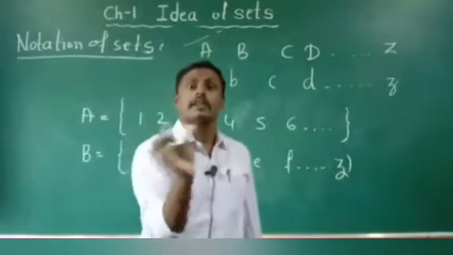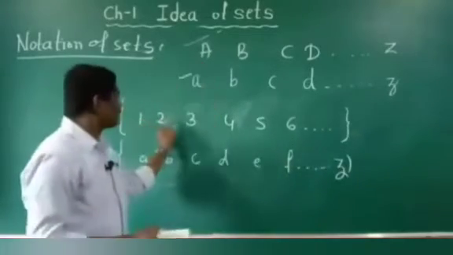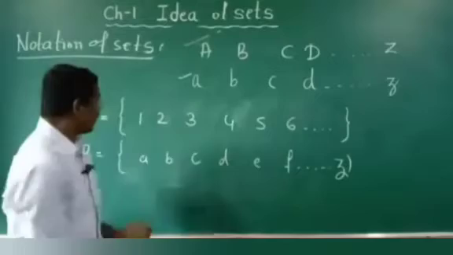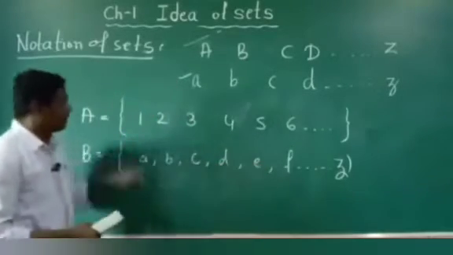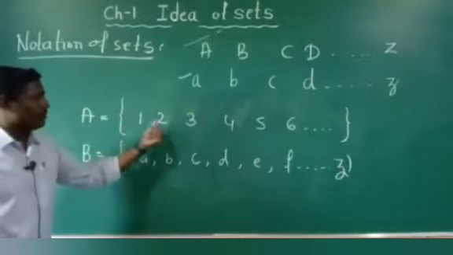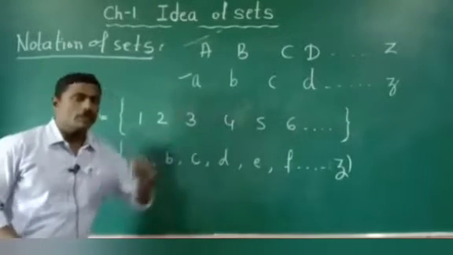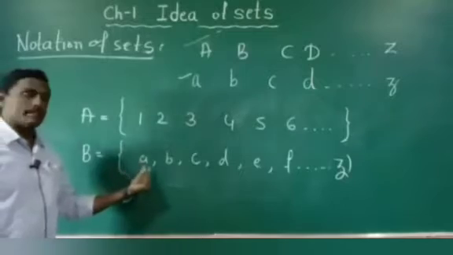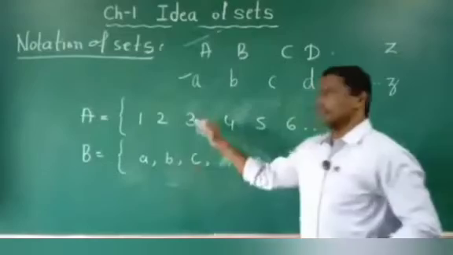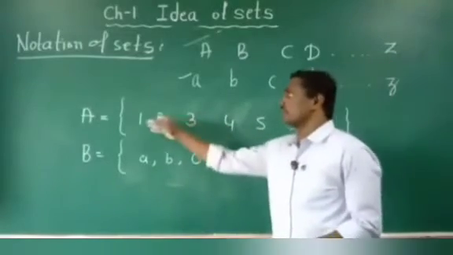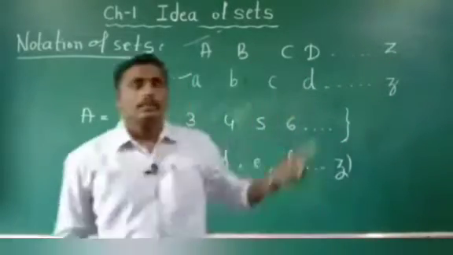Consecutive means continuous. Or by inserting commas also we can represent them. So these are the two ways to represent or denote the set, right?